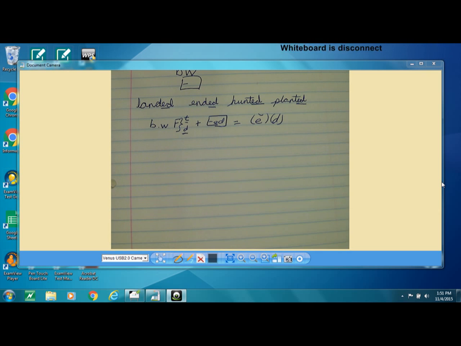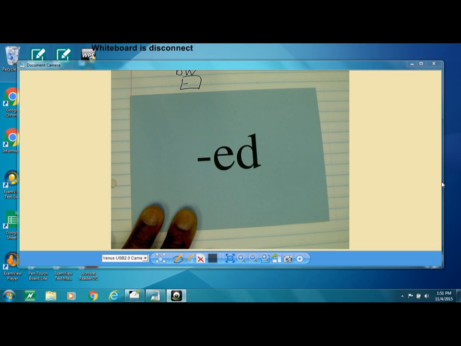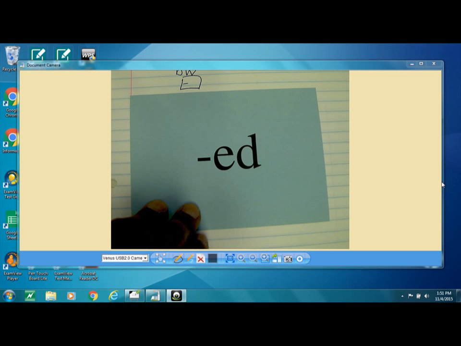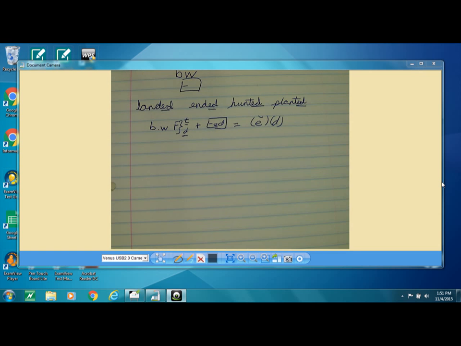Now, so today we're looking at suffix ed. And a suffix is a letter or letters added to the end of a base word to change its form or usage. Let's see if we can discover the meaning of some of these words with the suffix added. If you planted seeds, when did you put them in the ground?